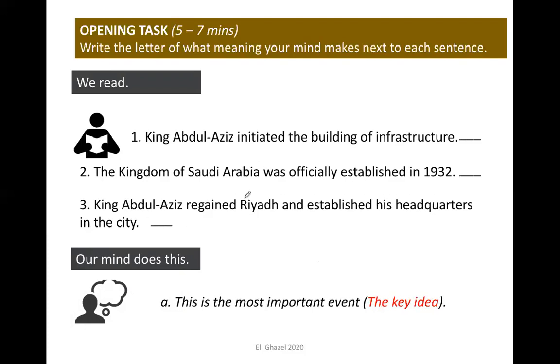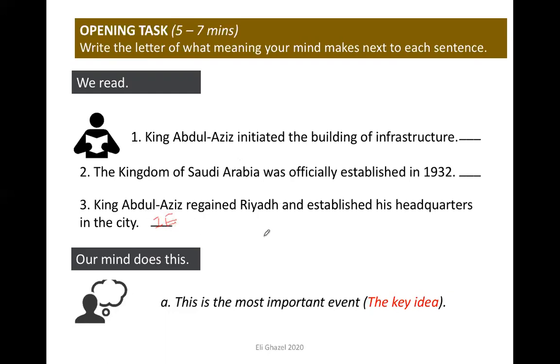King Abdulaziz regained Riyadh and established his headquarters in the city. Which one is the one that started everything? It is this one. This is the most important event. Why? Because if he hadn't done this, then he would not have built the country and started the building of the infrastructure.